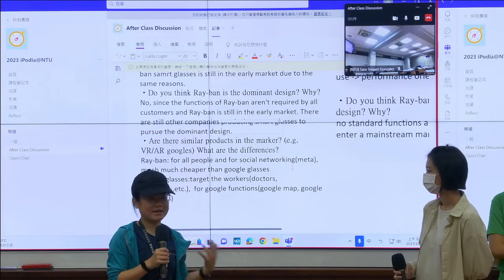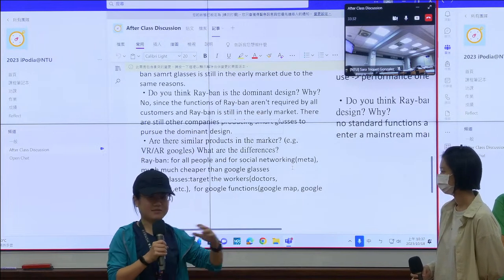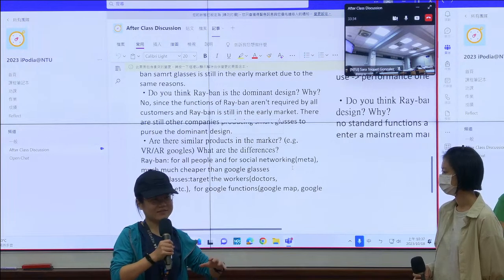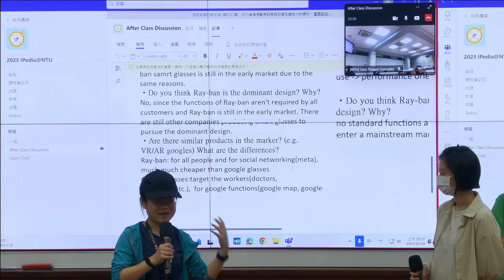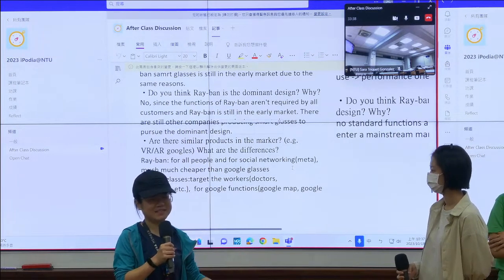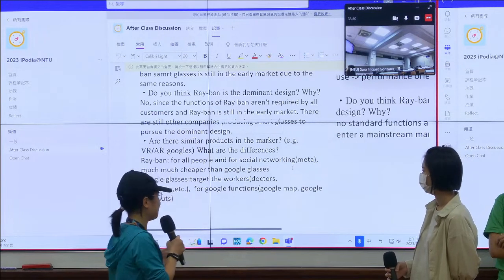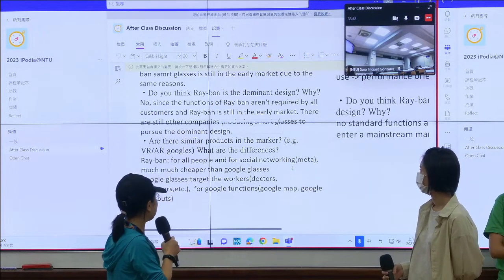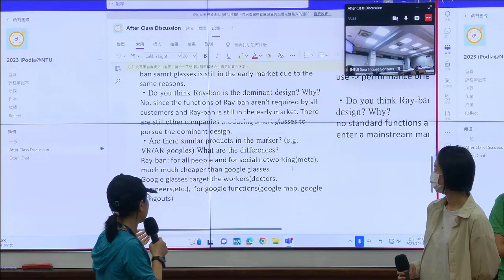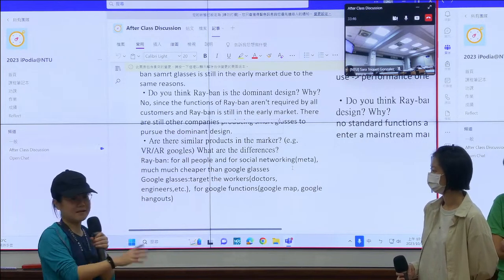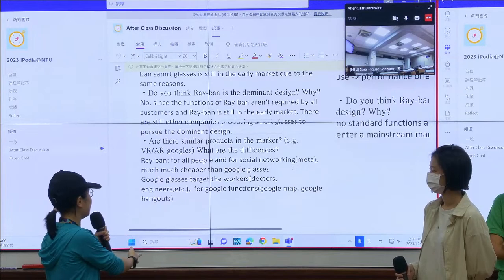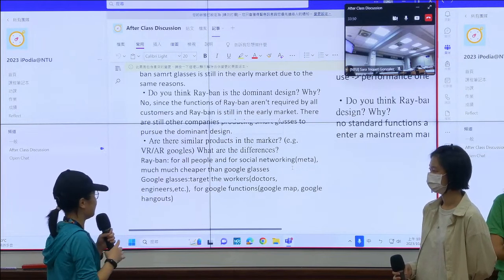We think right now there's still no really definite definition. And we also thought of some similar products based on the function that currently Google Glass or Ray-Ban offer.